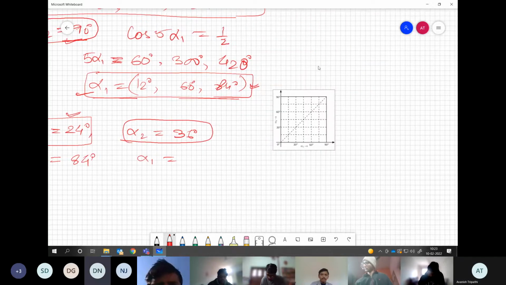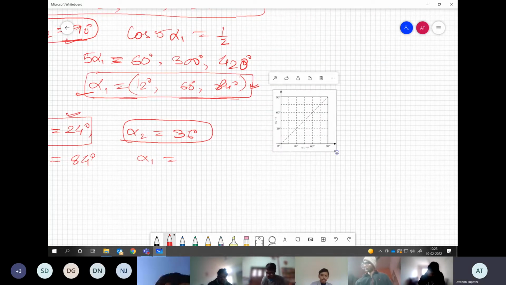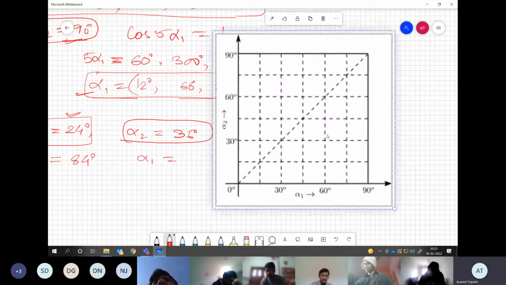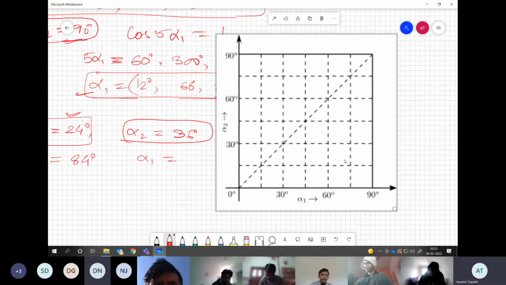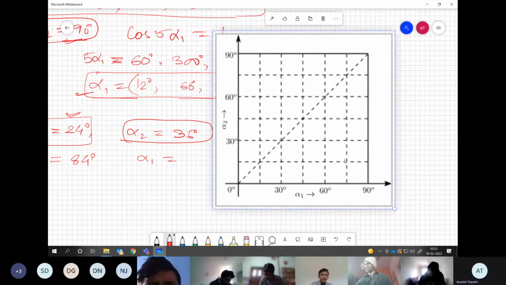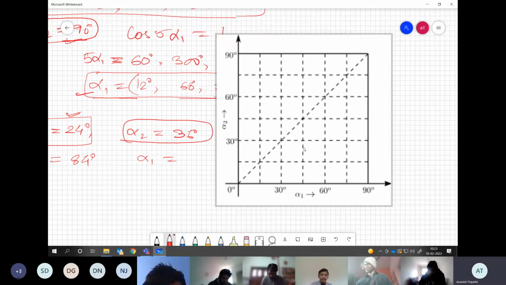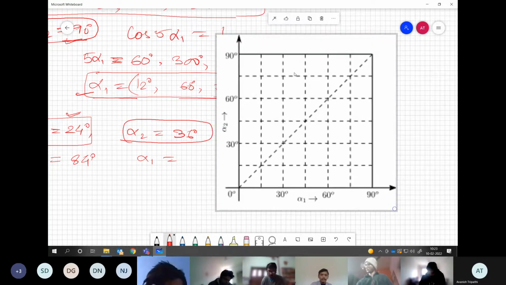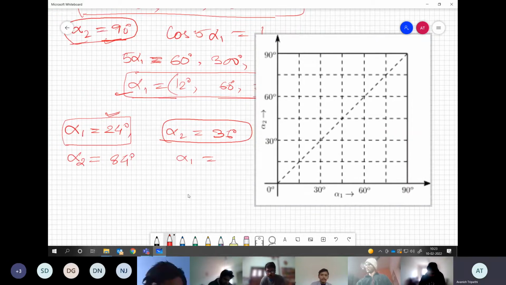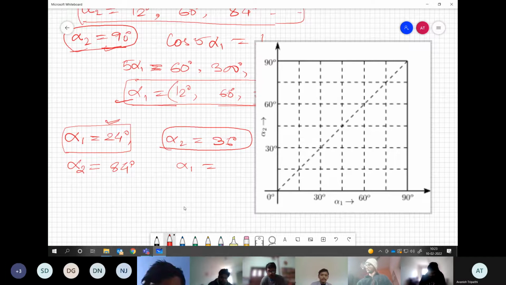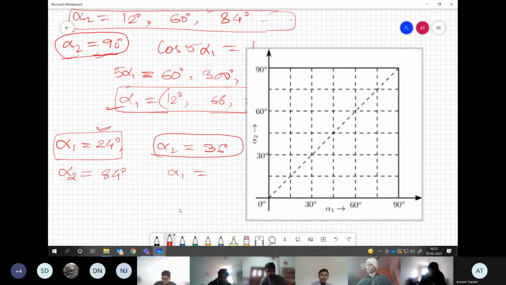I'm not getting it. What is the answer? Sir, it doesn't have any solution. For alpha 1 equal to 84, is it? No, sir, alpha 2 is equal to 84. There is no solution, is it? Yes, sir, it is coming 0.